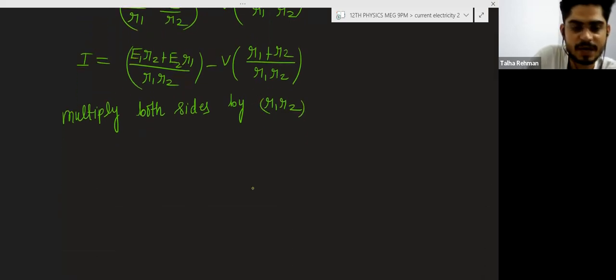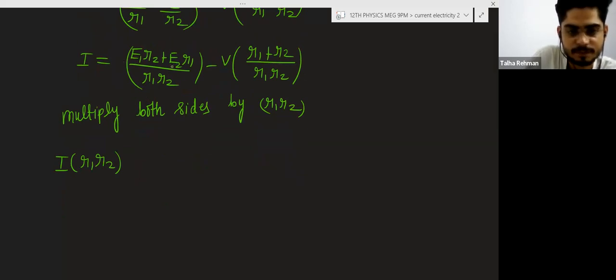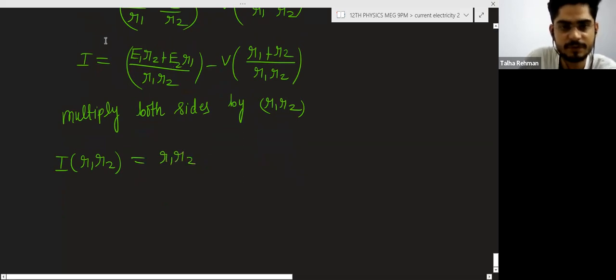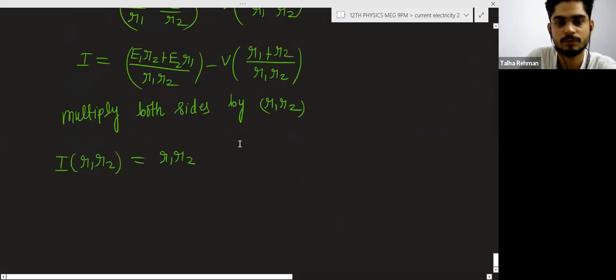So this will become I into R1 into R2, and on this side we will multiply R1 into R2 as well.